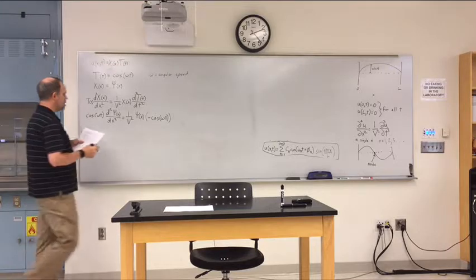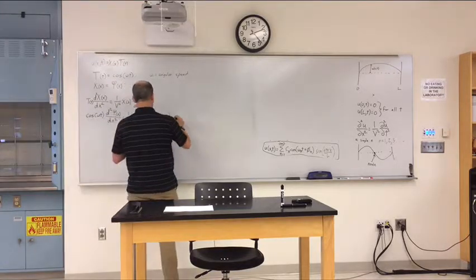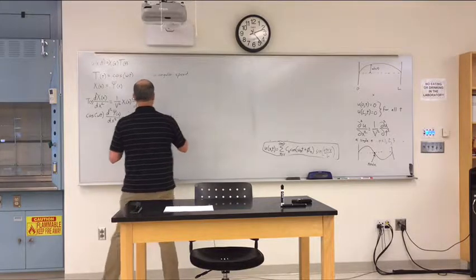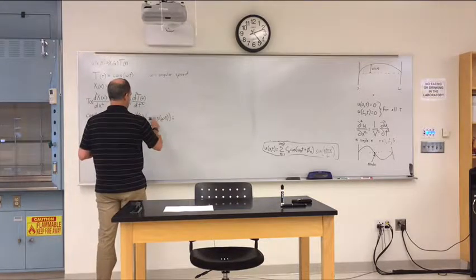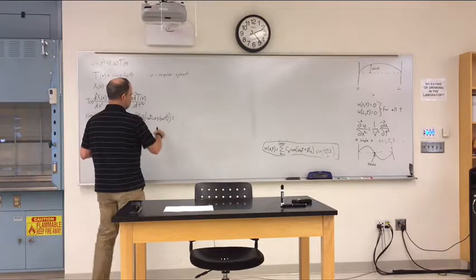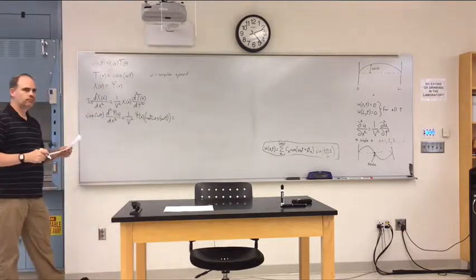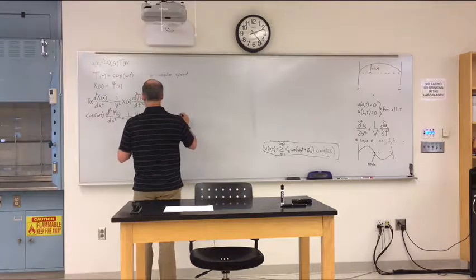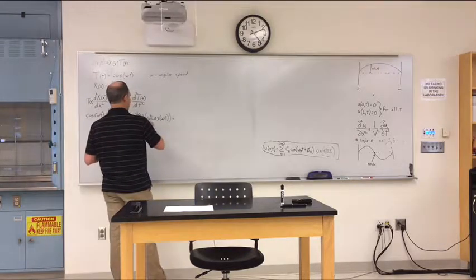Oh, sorry, the second derivative would be negative omega squared cosine omega t. Okay. So we're going to bring the negative and the omega squared out.